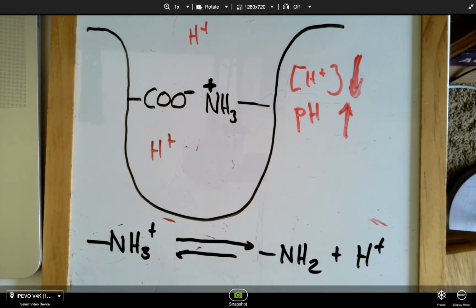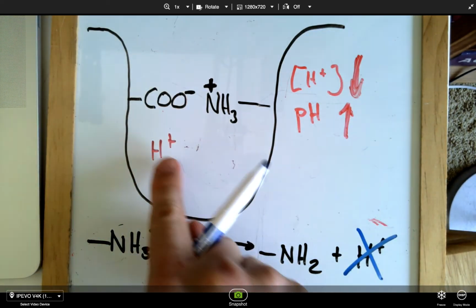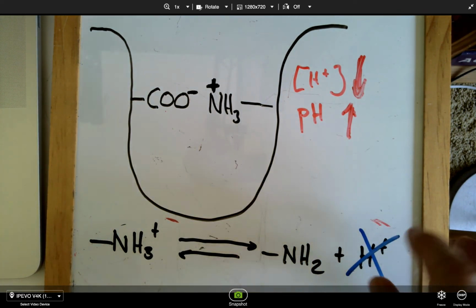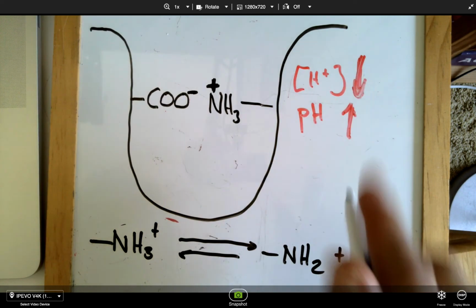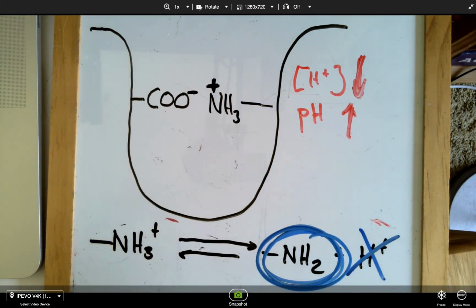And what we're doing now is we are driving the concentration of protons down. We keep adding base and base and base. So we're taking away protons, taking away protons, taking away protons. What will eventually happen as we take away, so if we remove product, our equilibrium moves to create more product, which means eventually we're going to have more and more NH2 and less of NH3+.